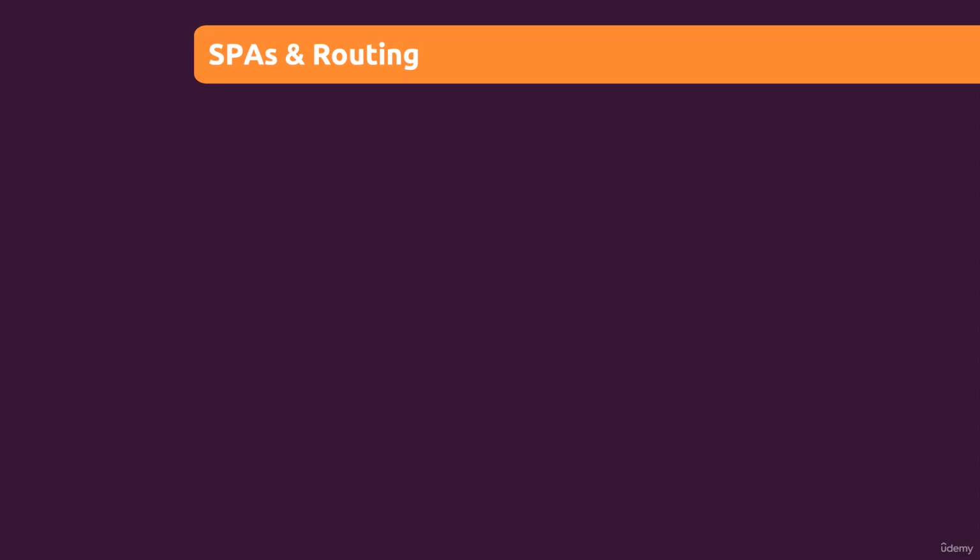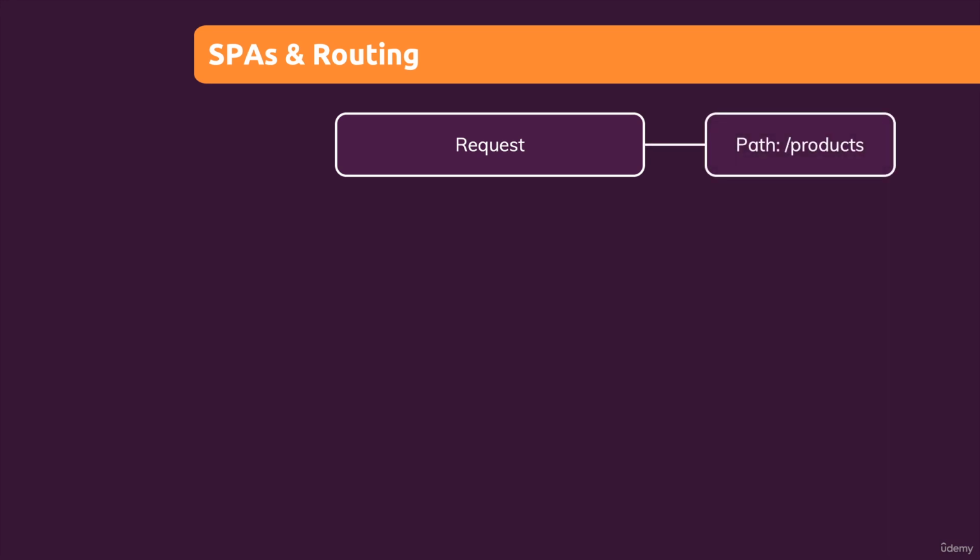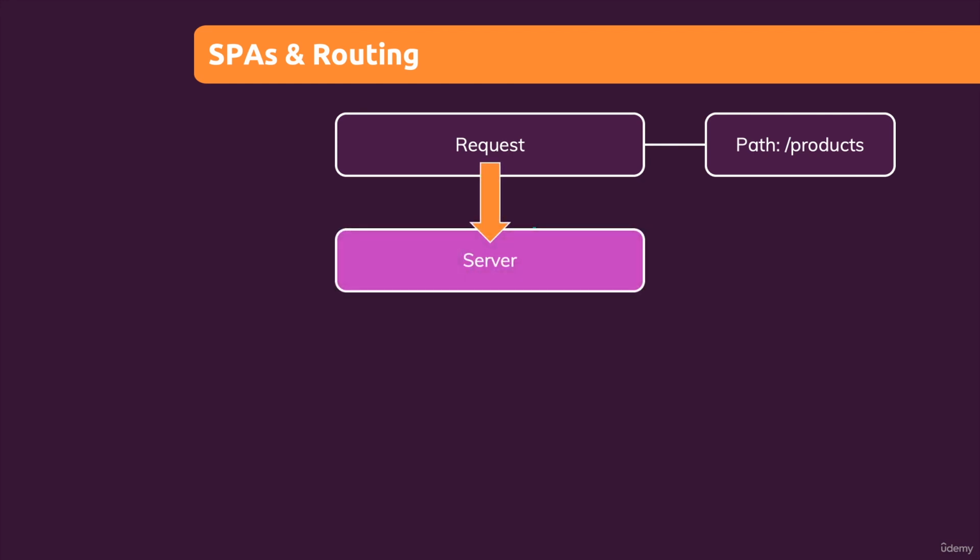For single page applications, you have to be careful when it comes to routing and hosting your app on a server. When a user visits your webpage, let's say it's hosted on a domain like mypage.com, a so-called request is sent to the server. Now let's say that request is not to your main domain, but to mypage.com/products or anything like that. That request hits the server where your static web application, your Vue single page application, is hosted.